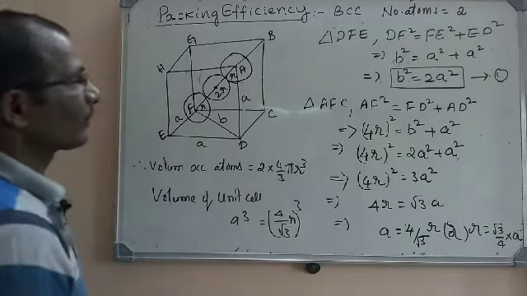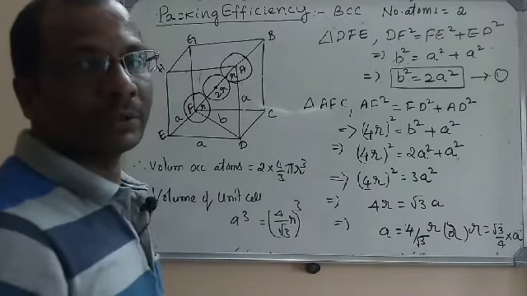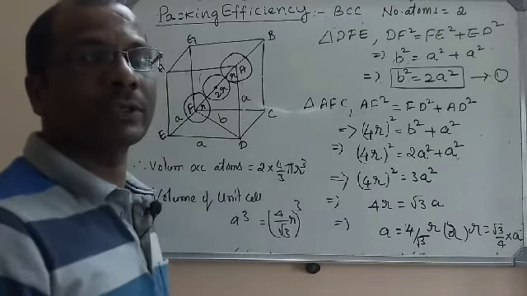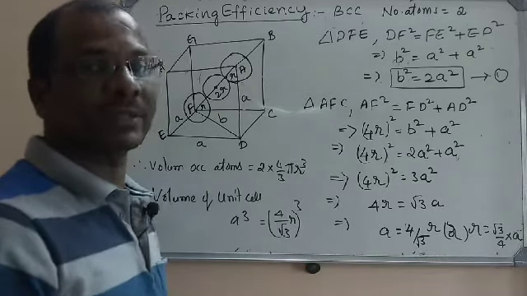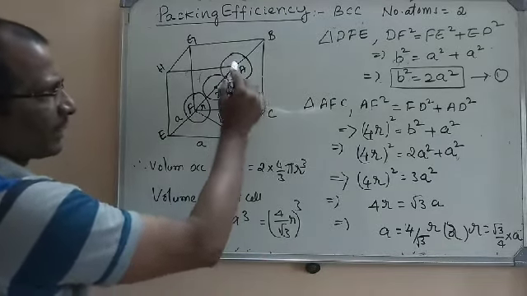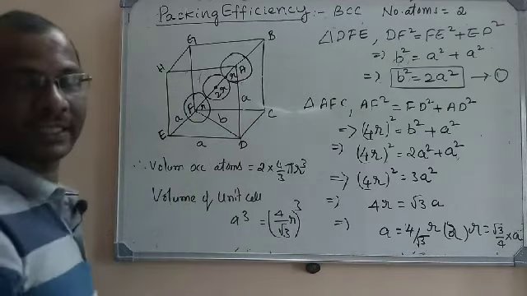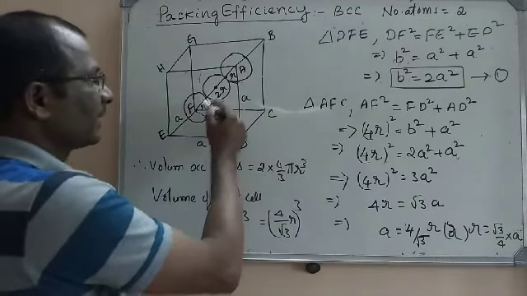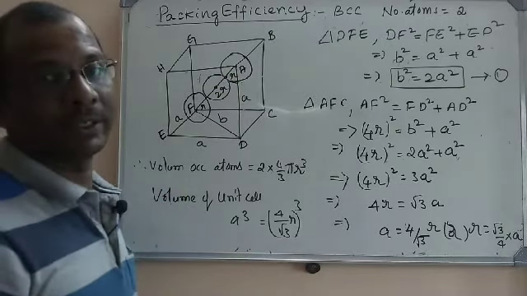Once again, in a BCC the number of atoms is 2. In every packing efficiency derivation, we write the value of a, that is the length, in terms of radius. I have taken 2 points at 2 opposite corners, and this is the diagonal, and this sphere is at the center of the body.